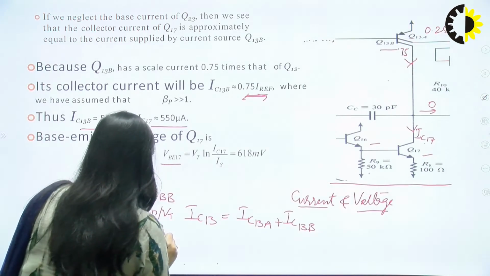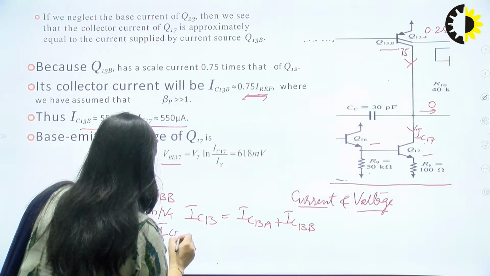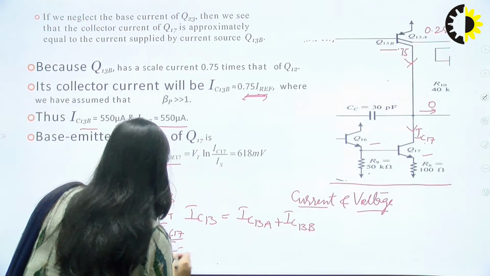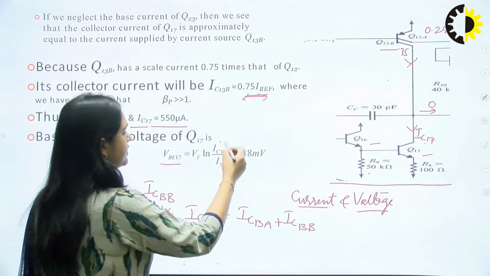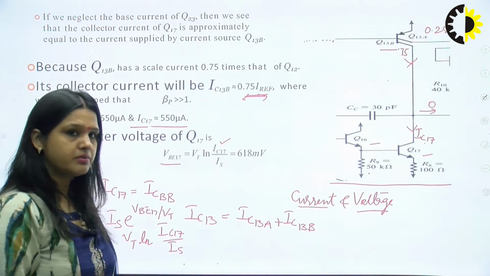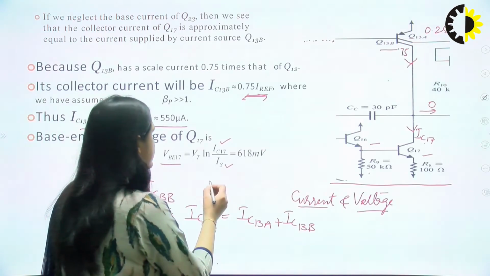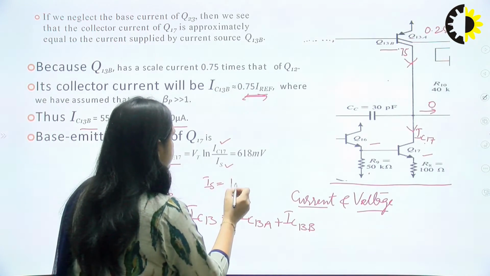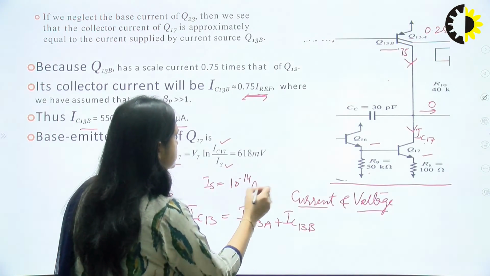So that is equal to IC17 by IS. In this expression we know the value of IC17, that is 550 microamperes. We know the value of IS, and IS is equal to 10 to the power minus 14 amperes.